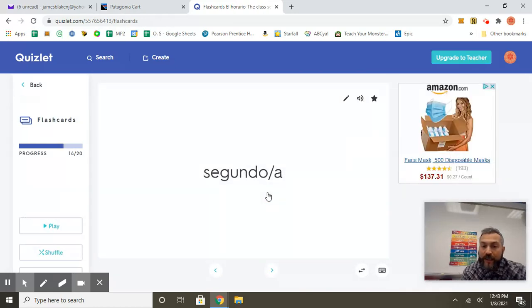Second, segunda. Third, tercera. Fourth, cuarta. That should kind of remind you, remember fourth, right? Same word for quarter. Fifth, quinto, quinta, depending on what I'm talking about. Sixth, sexto, sexta.